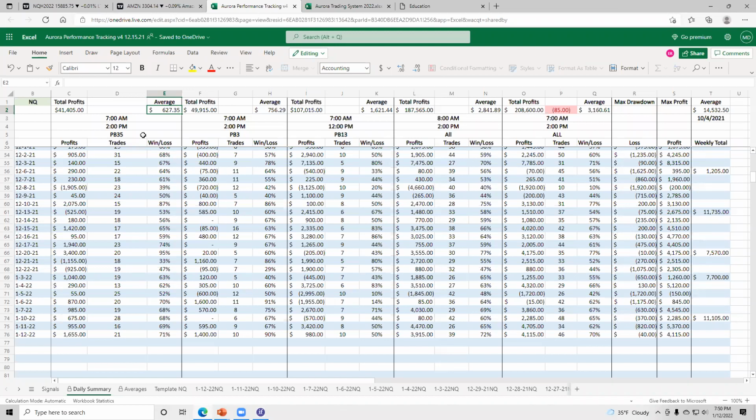So that's just over 30 points a day from the PB35 trades. When you combine that with the PB3s and the PB13s, and you're trading the entirety of the system, I've actually got this set here, 7-2. The entirety of the system is averaging just over $3,000 a day.